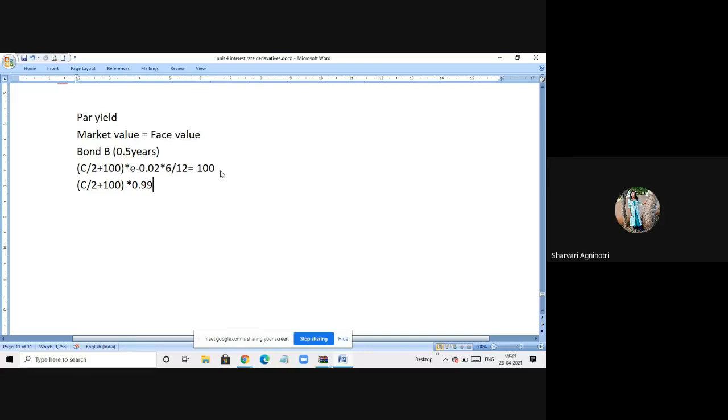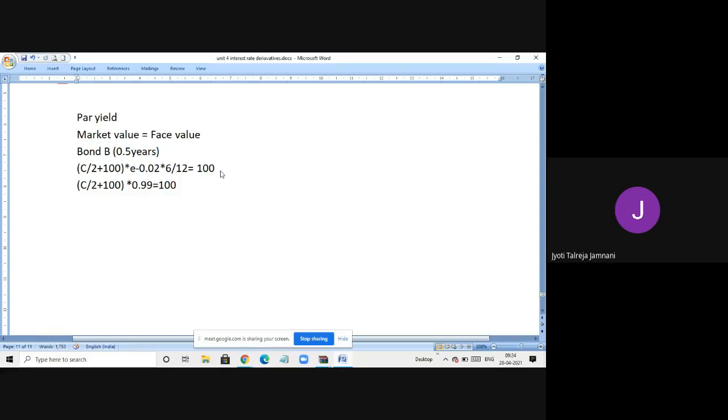Yes, correct, you're getting 0.02 into 6 by 12. Okay, so it is 0.99 is equal to 100.